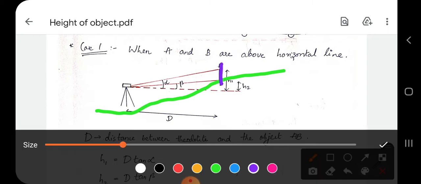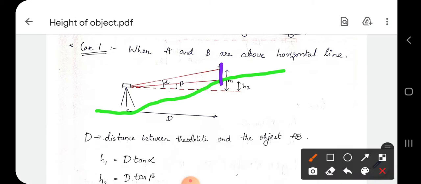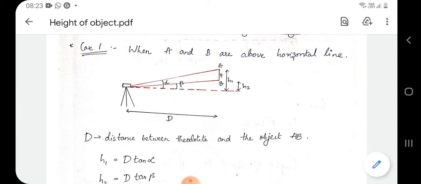We need to find the vertical angle towards the top end of the object, that is A, and that angle we got is alpha. Similarly, we take the vertical angle towards the bottom end of the object, and that we got as beta.